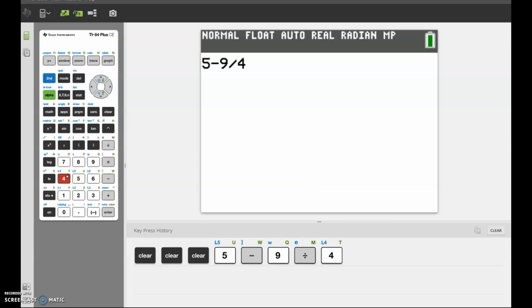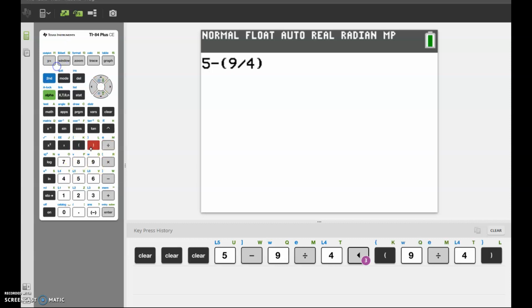When I look at this on a calculator, there's a couple things that I want you to do to clean this up. Whenever you deal with fractions, I want you to get in the habit of putting the fractions in a set of parentheses. That's the first thing. So when I take 5 minus 9/4, I get 2.75. I'd really like you to write that answer as a fraction because my x-coordinate will be written as a fraction.